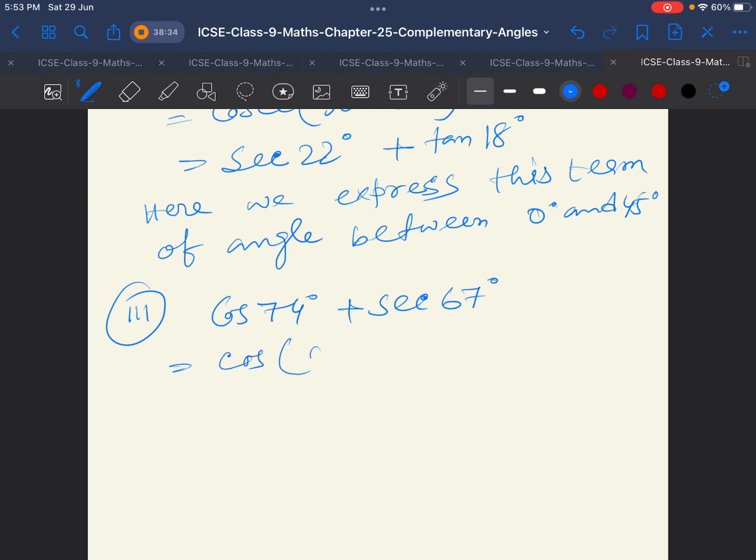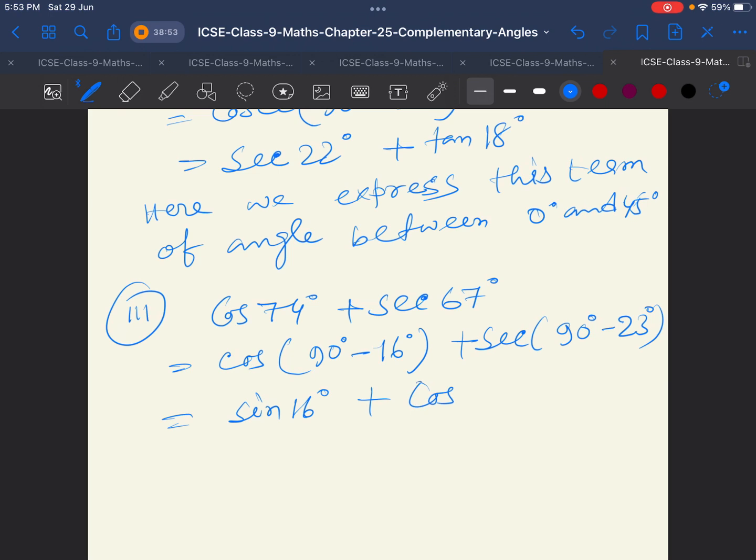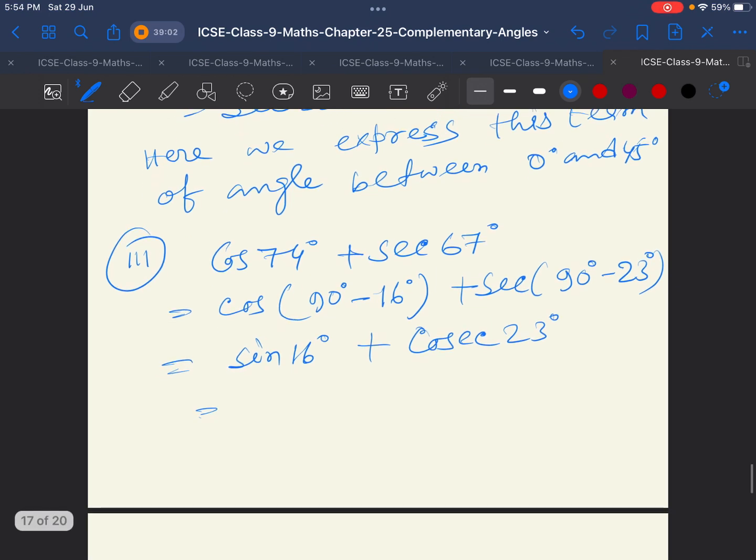So we can write cos 90 minus 16, plus sec of 90 minus 23 degree. So we can write this as sine of 16 degree plus cosec of 23 degree. So this is the term of angle between 0 to 45.